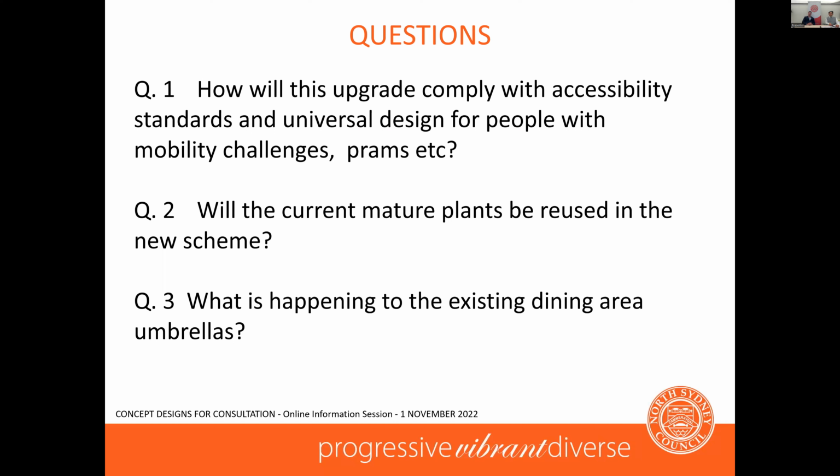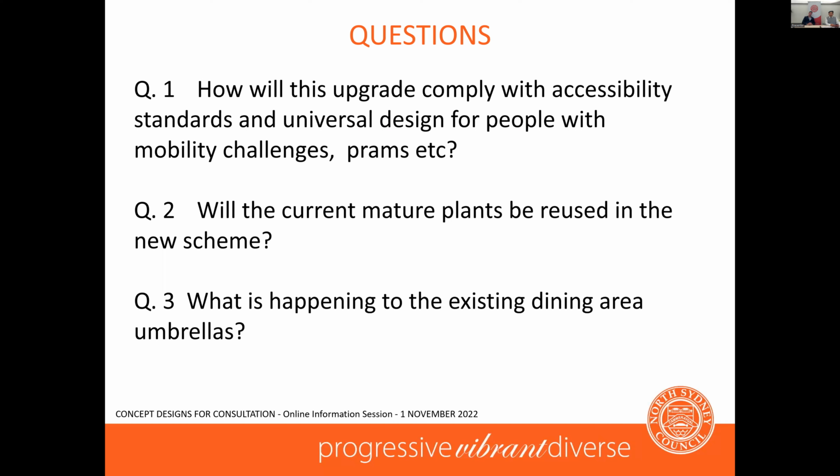Question 2, will the current mature plants be reused in the new scheme? As I alluded to in the presentation, that will depend on what scheme you want to go with. Doesn't mean we won't use the plants anywhere else, but if the community's preference is for the informal look, then the current plants are not appropriate.